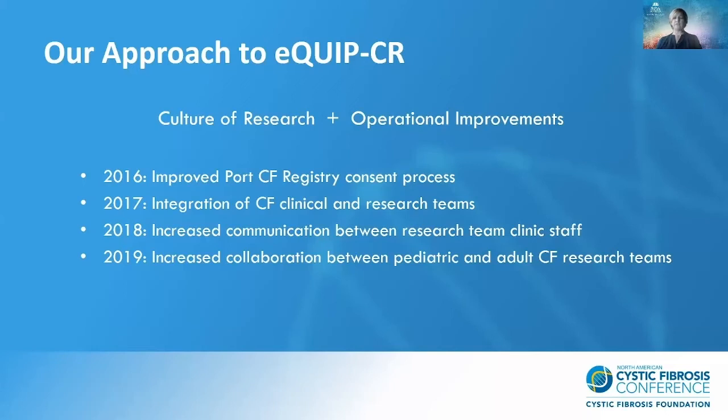In 2018, we were increasing the communication between our CF research team and our pulmonary clinic staff outside of the CF program, so the MAs, the nurses, and the front desk staff, all the people that we partner with for our research visits. And then in 2019, we were working to increase our collaboration between the pediatric and adult CF research teams. We are on the same campus. Sometimes there's overlap in the studies that we do, but we are at separate institutions, and we really wanted to build that relationship there.